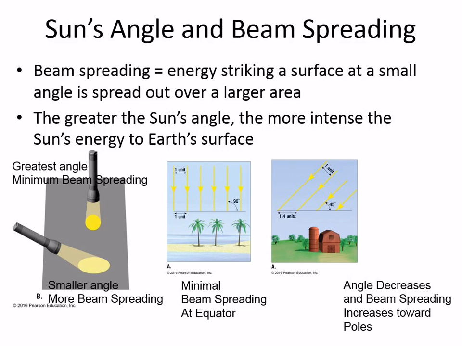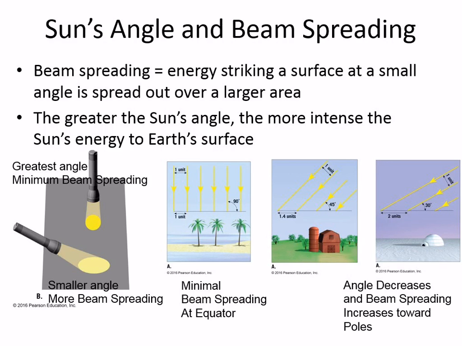And so if we want to look at this phenomenon of beam spreading, we can pick these rays. When they strike the Earth's surface, they're going to be at an angle. Now instead of 1 unit of Earth, that same energy is going to heat up 1.4 units of Earth. We take that one step further, going farther north, where at noon on the same day the sun won't rise as high.